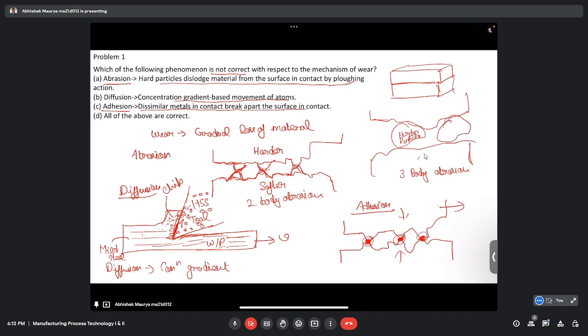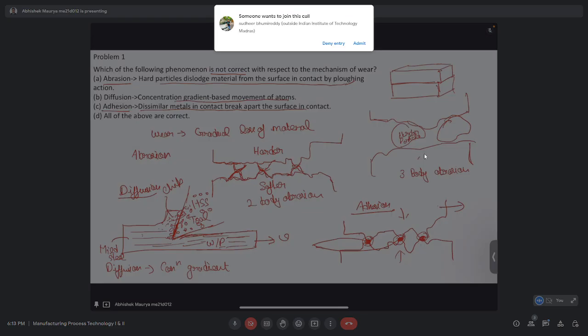So micro welding has taken place between these two bodies, and when relative motion happens between them, a chunk of this welded region gets chipped off and is taken away by one of the components.